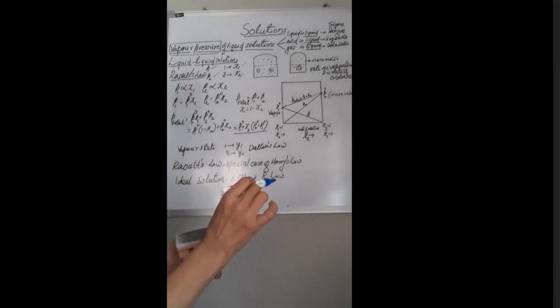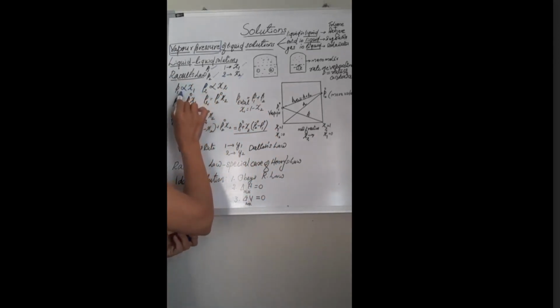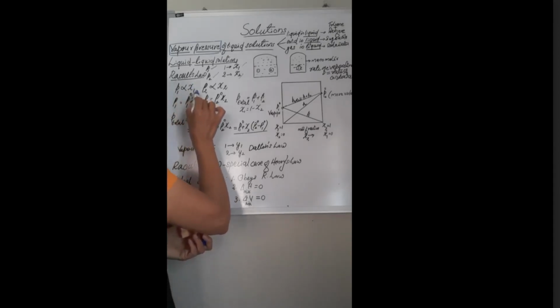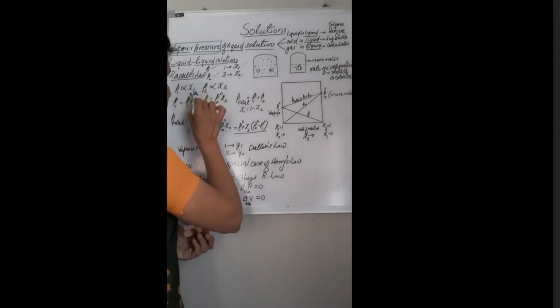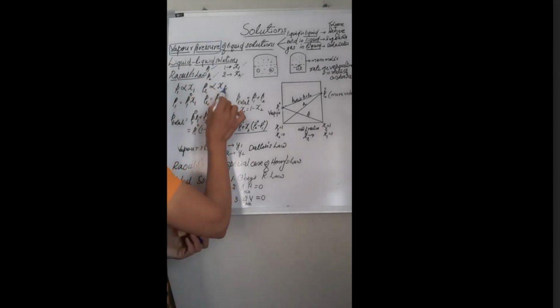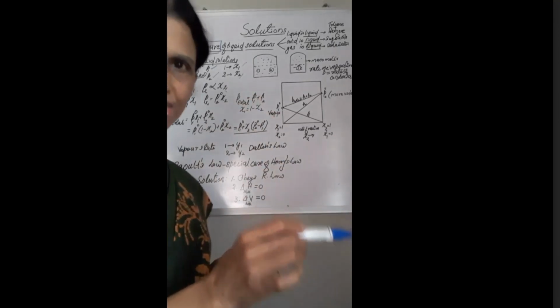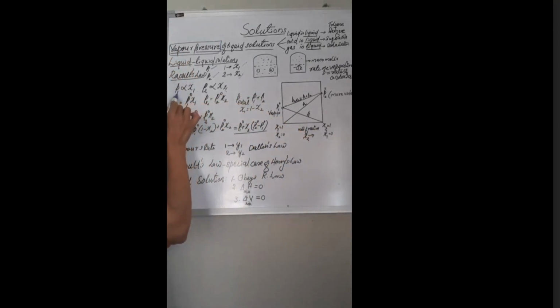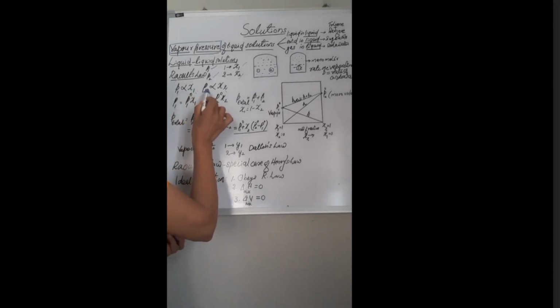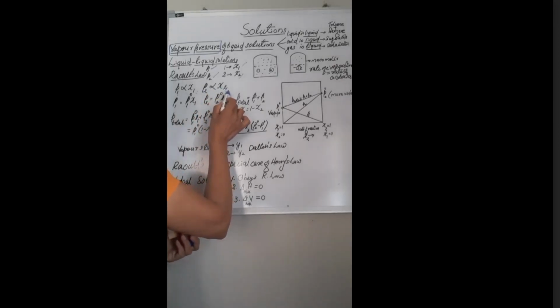According to Raoult's law, the partial vapor pressure of each volatile component is directly proportional to the mole fraction of the component in the solution. Therefore, P1 is directly proportional to x1, and P2 is directly proportional to x2.